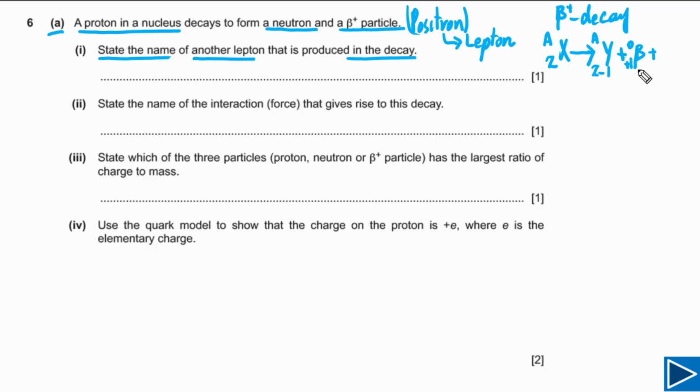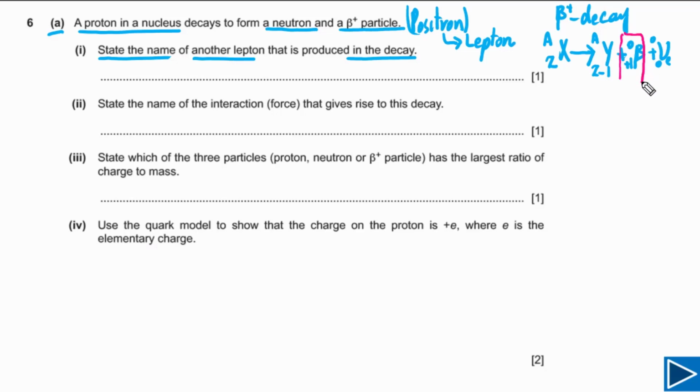The beta plus particle is an antiparticle, so in this case an electron neutrino will be emitted. The electron neutrino has no mass number and also no atomic number, so simply we can write it here. So this is the electron neutrino. The way to remember this is, look at this particle.